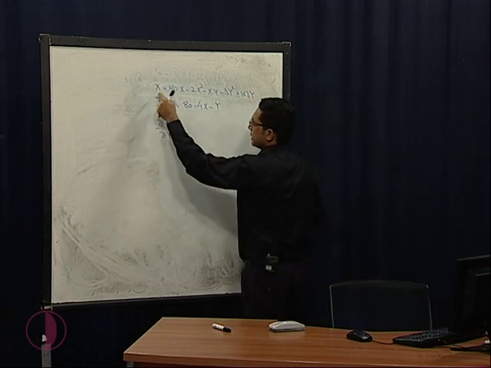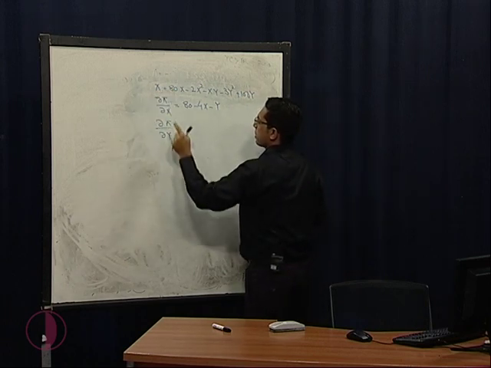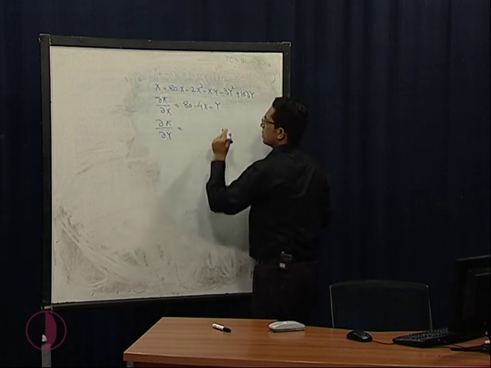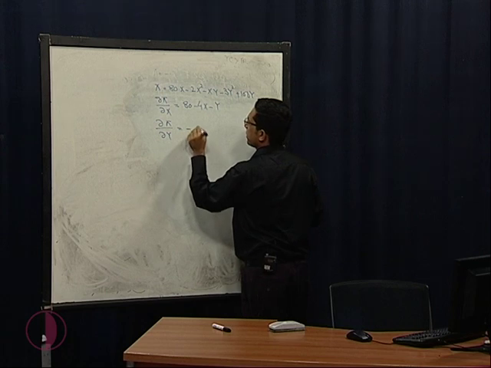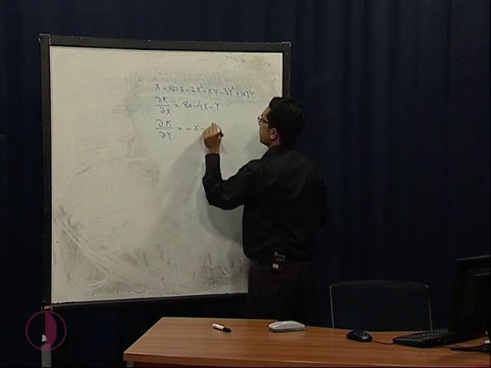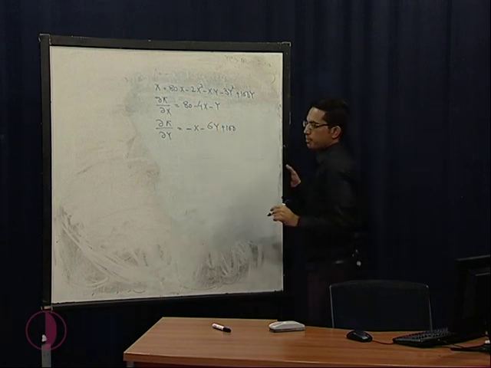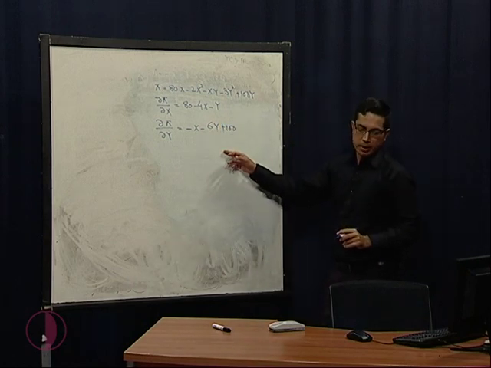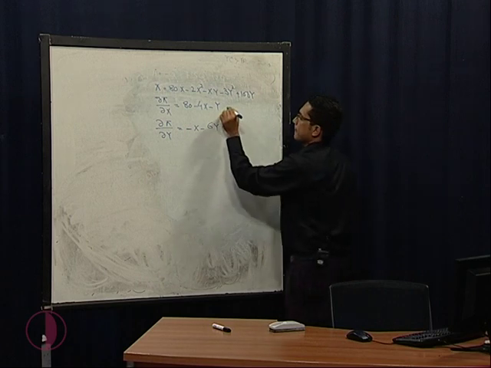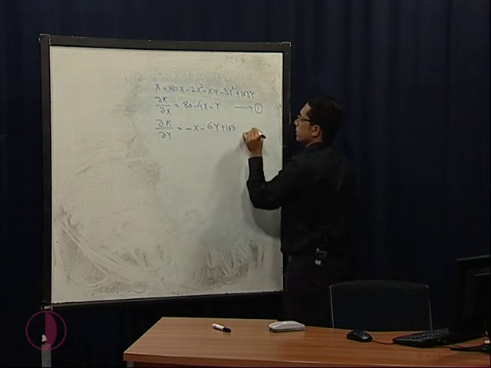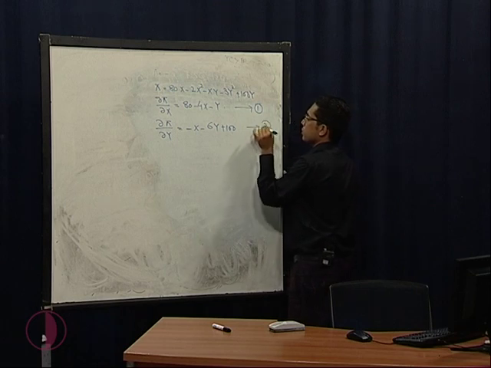Now taking the partial derivative of this profit function with respect to y, this will be 0, this will be minus x minus 6y plus 100. This is equation 1, this is equation 2.